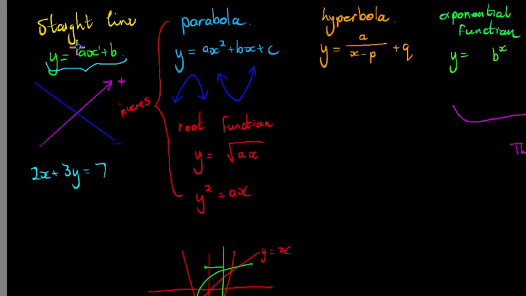Okay, now A determines that. The value that's in front of the x determines whether I end up going up or end up going down. If that value is positive, if A is positive, I end up going up. If A is negative, I end up going down. Okay, I'm talking quick. If I'm losing you, you'll tell me.